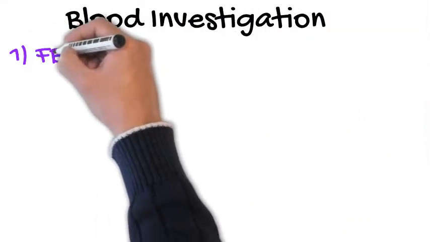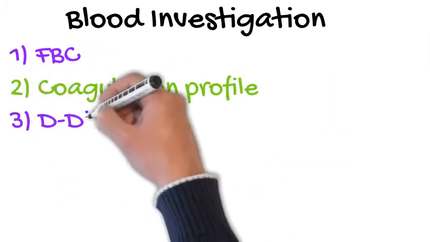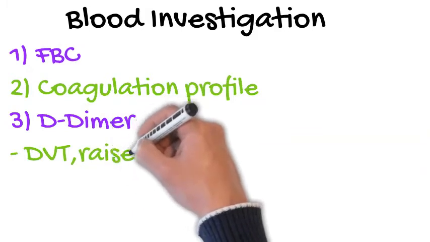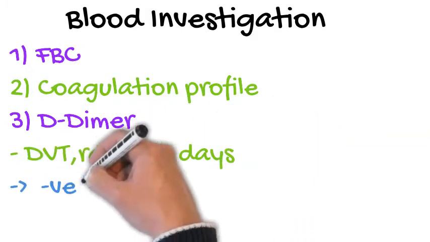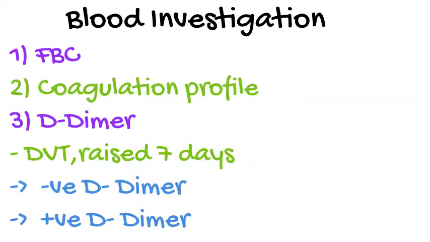This video is a continuation of DVT and PE part 1. Let's start with blood investigation to confirm DVT. After history and physical examination, we proceed with 1. Full blood count, 2. Coagulation profile, 3. D-dimer. As explained before about D-dimer, D-dimer is a sensitive but not a specific test.